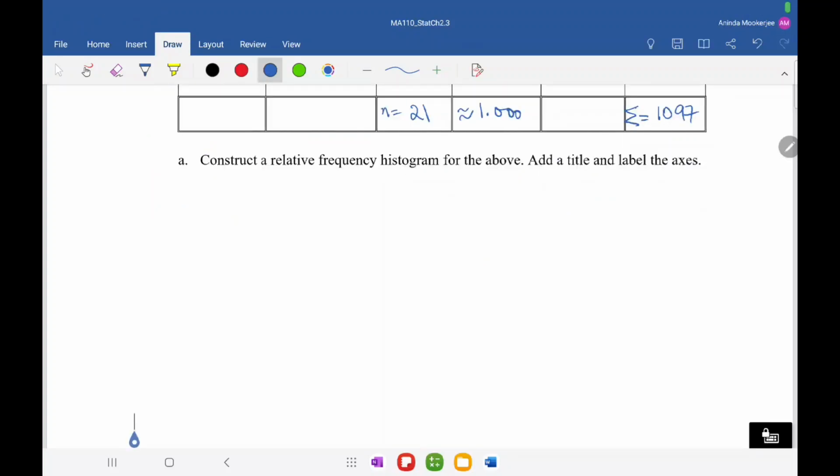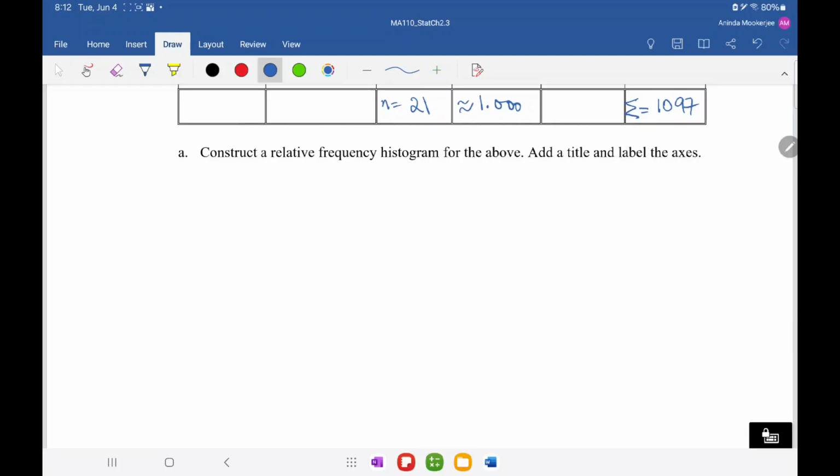Let's go ahead and create a relative frequency histogram from the above table, right?